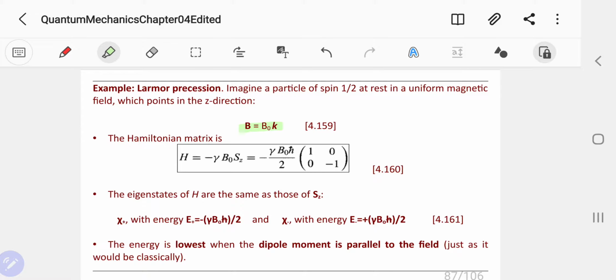So now the Hamiltonian operator, therefore, would be equal to this one, since your S_z would just be this matrix.